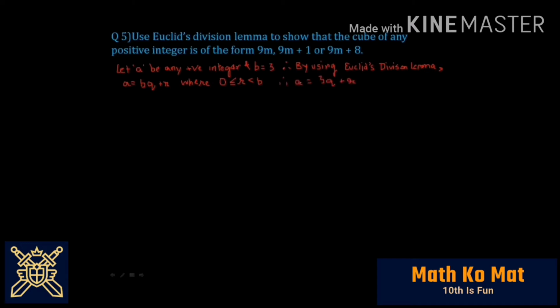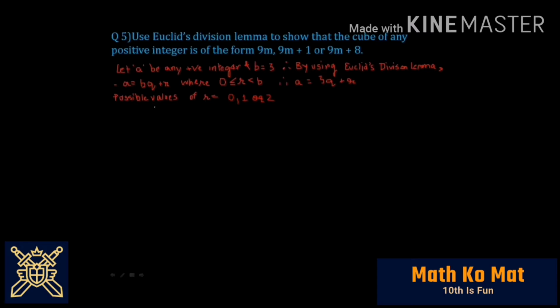Therefore, a is equal to 3q plus r, as b is 3 here. So the possible values of r would be 0, 1 and 2. Now we'll test for each of these values.